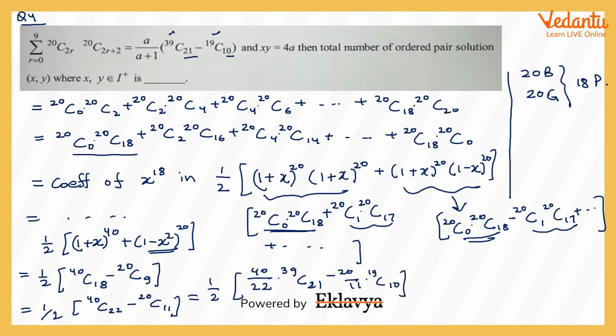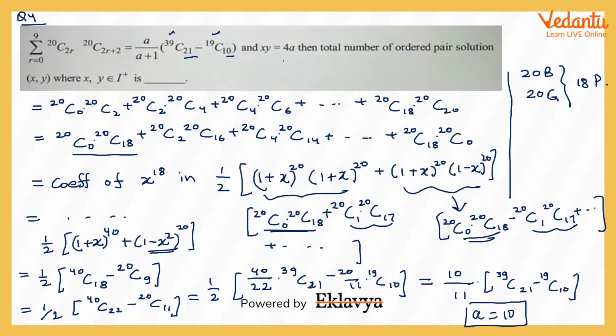So 20 by 11, 40 by 22, they both are the same thing. We can take common. So we will get 10 upon 11 into 39C21 minus 19C10. So here my A will be nothing but 10.